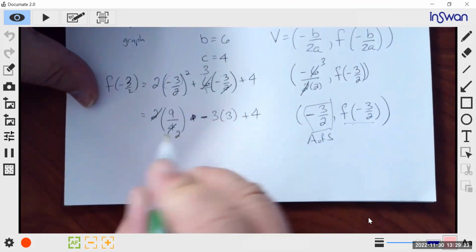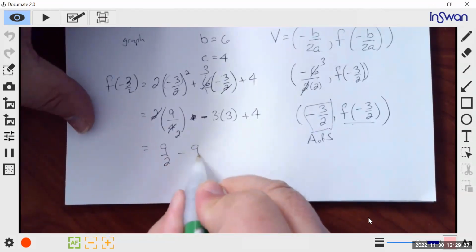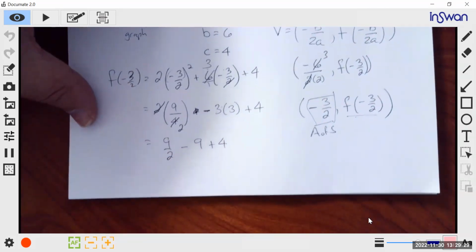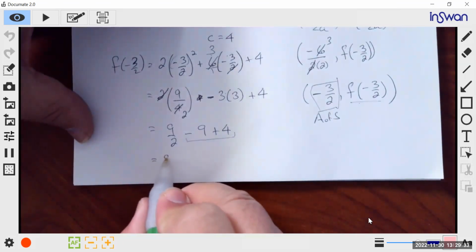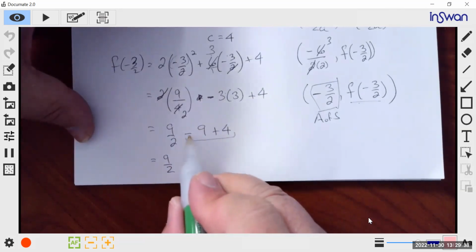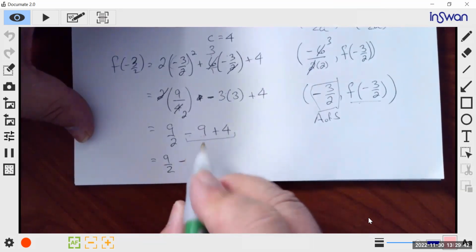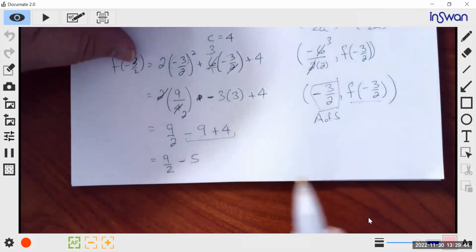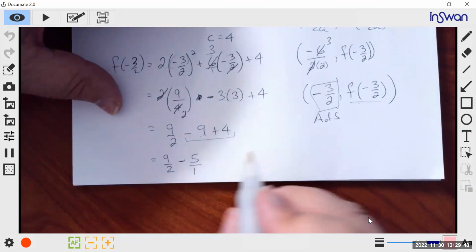The 2 and the 4 cancel, so we have 9 over 2 minus 9 plus 4. Nine over 2. Positive and negative makes, since 9 is bigger, it's negative. 9 minus 4 is 5. It's 5 over 1.